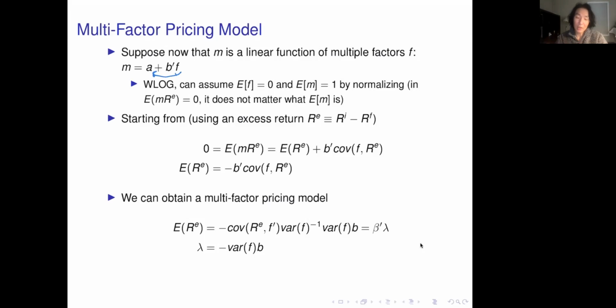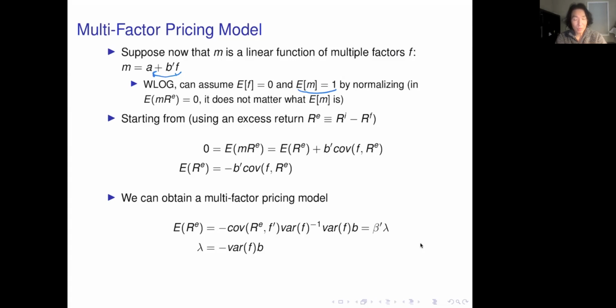So a is going to contain the average of the factors. And we can normalize m because the average magnitude of m captures the risk-free rate. And when we express the pricing model in terms of the excess returns, the magnitude of the risk-free rate doesn't matter. Therefore, it doesn't matter what the expectation of the stochastic discount factor is.